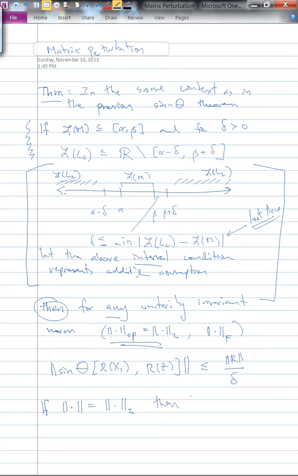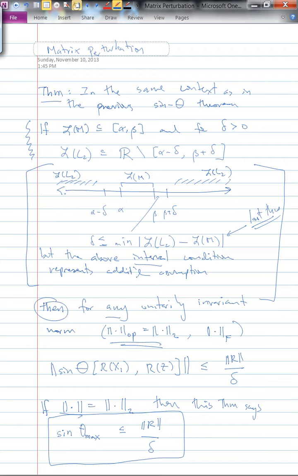So what this means, then this theorem says that the sine of the largest canonical angle is less than the operator norm of R divided by delta. So this gives us much finer control when we have a large subspace.